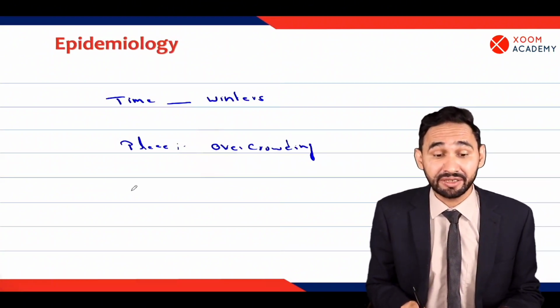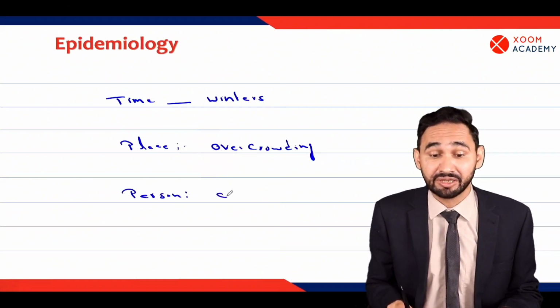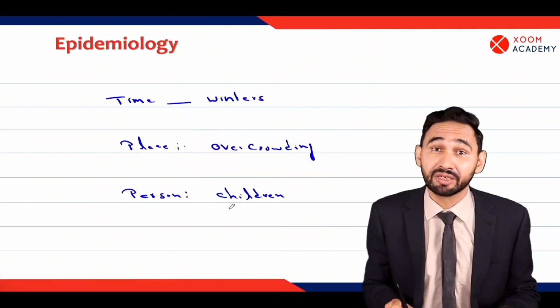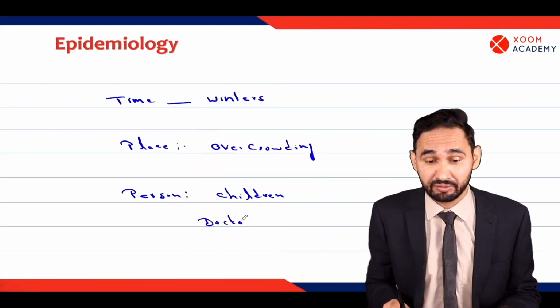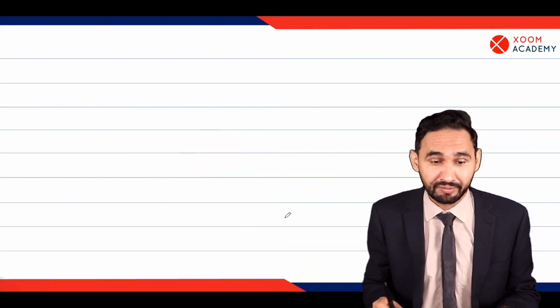Persons who get the disease are those who are vulnerable, those who are susceptible, like children, and doctors and nurses working in the pediatric ward. So doctors and nurses are also vulnerable. So we need to vaccinate them.